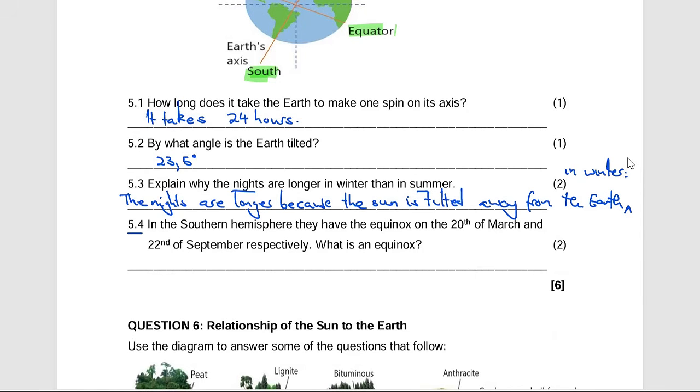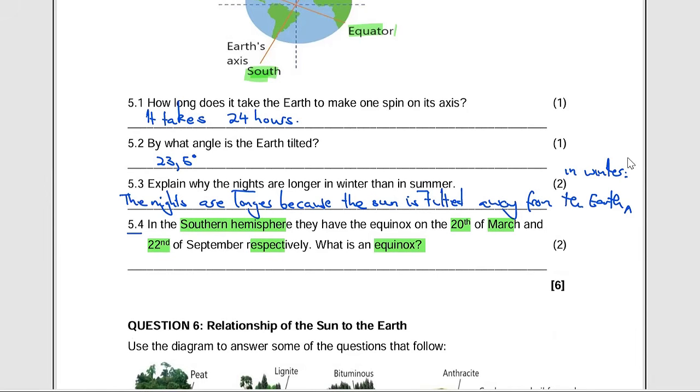Then we move on to 5.4. It says in the southern hemisphere, they have the equinox on the 20th of March and 22nd of September, respectively. What is an equinox? We are asked to define what an equinox is.